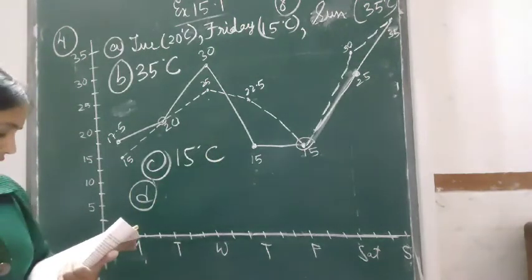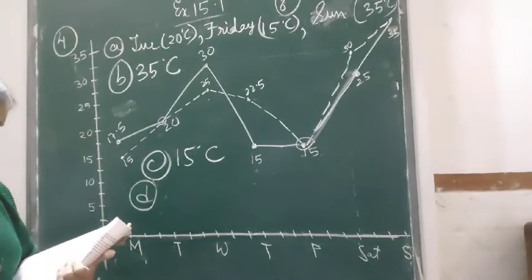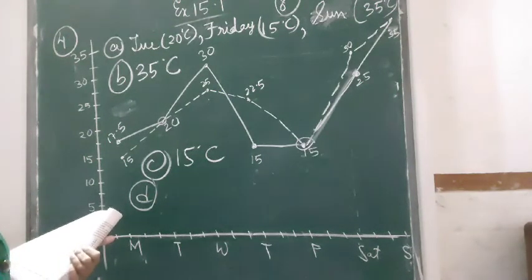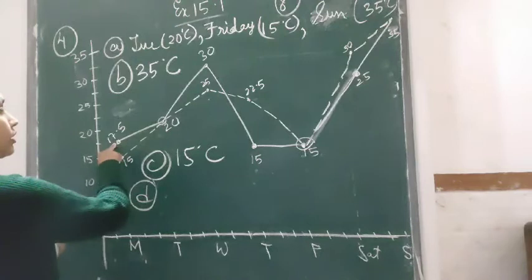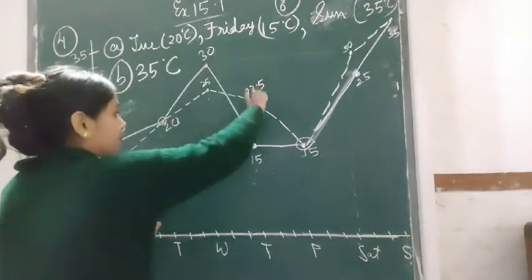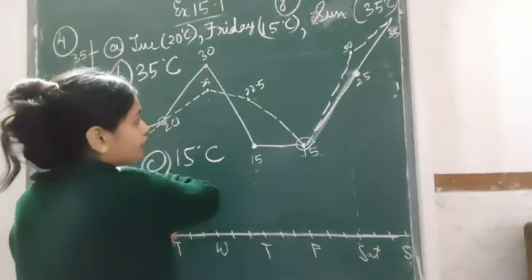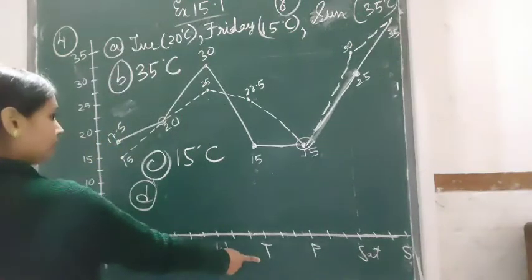On which day did the actual temperature differ the most from the forecast temperature? We will see where the line varies the most. We will have to calculate. Here the variation is very less. Here it is 5. Here it is 7.5. So I think on Thursday.